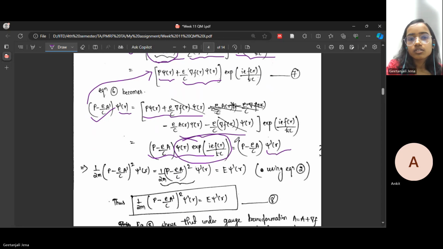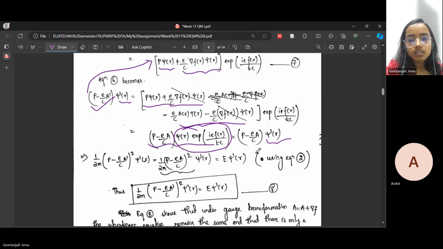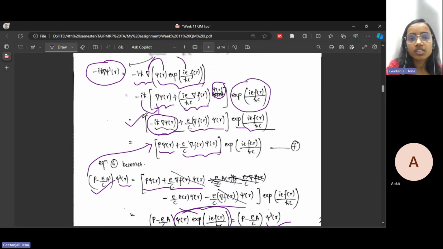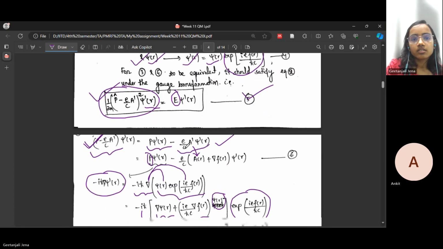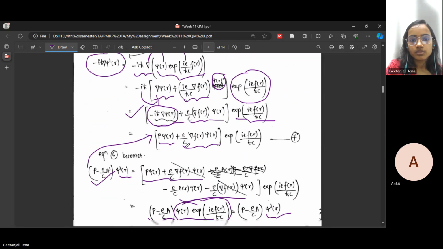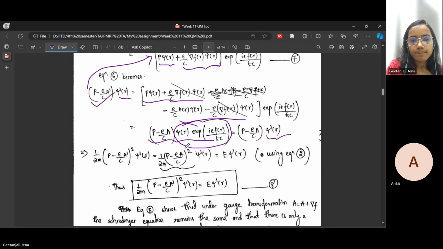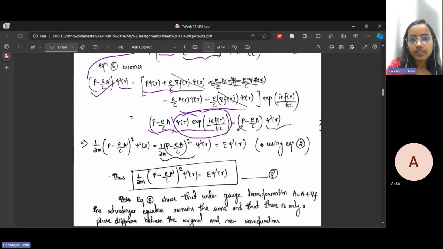So if you act P, this left hand side term we are checking, this term you get P minus C A psi prime r. So that means the left hand side of this equation is this.